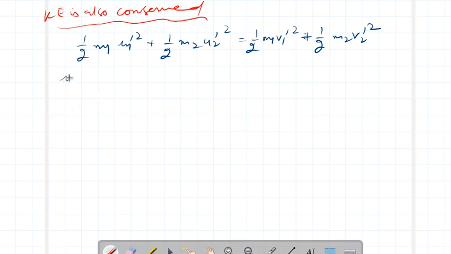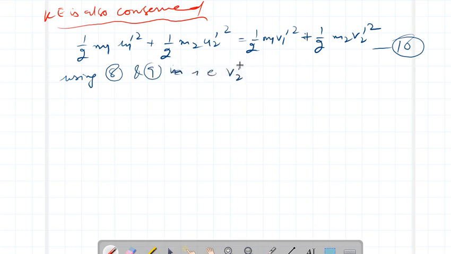Let me call this equation number 10, and using 8 and 9 in it: 8 is v2' equal to minus m1 over m2 v1', and u2' is equal to minus m1 over m2 into u1'.